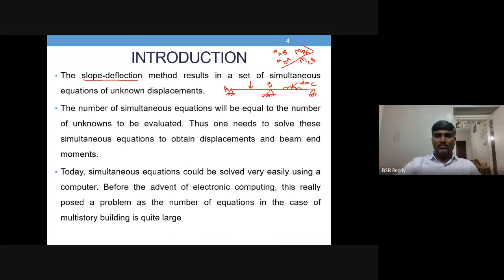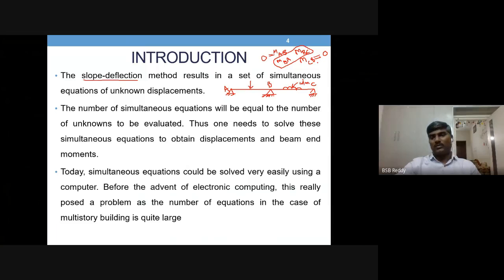Joint B has two members, BA and BC, so we apply the joint moment equilibrium equation. So we'll have an equation, and also the moment at A is 0, a condition from the hinge. Also the moment at C is 0.